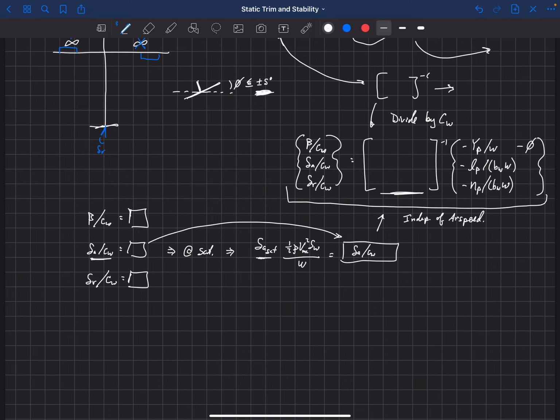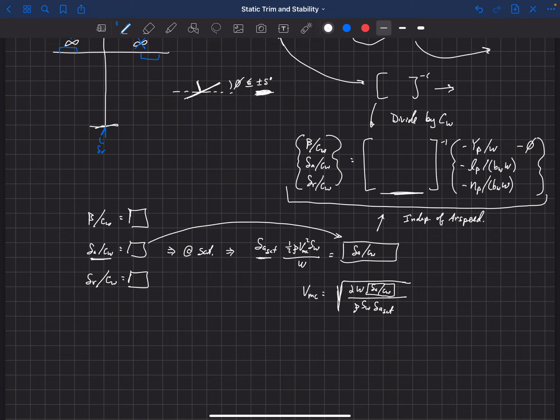Now I can rearrange this and solve for VMC, and what I'll get is that VMC is equal to the square root of 2W times this delta A over CW that I got. I put a box around it. That's that numerical value that I got from that system of equations, divided by rho SW delta A sat, okay?